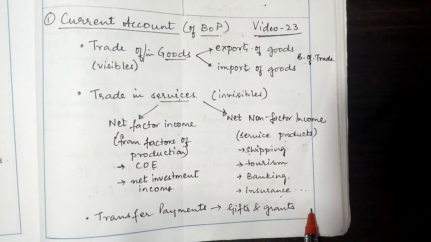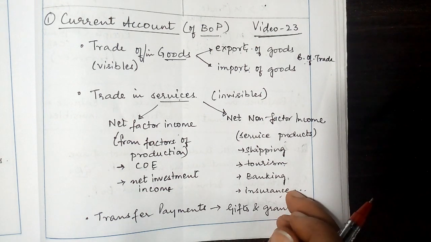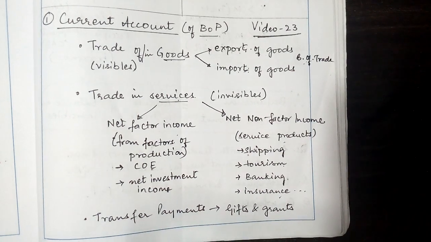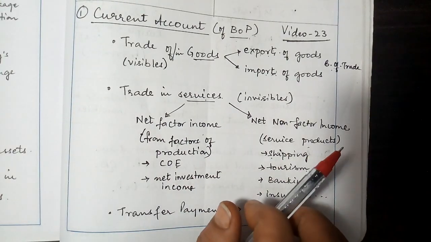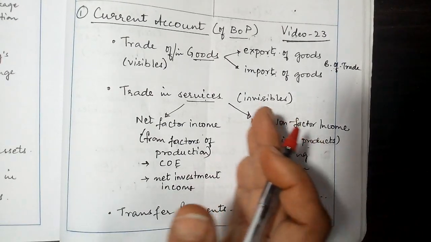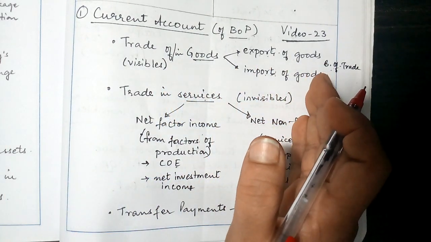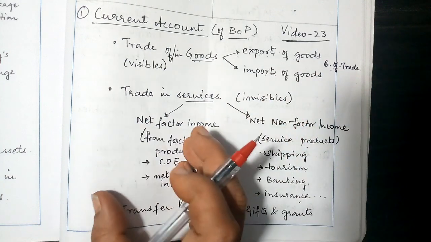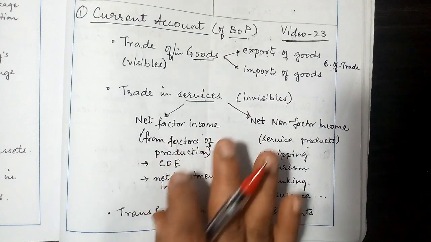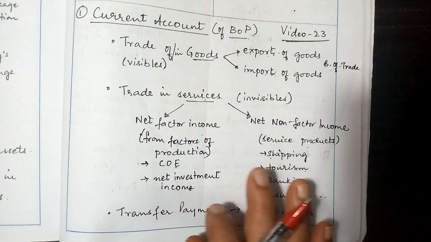These also include donations for which no service has to be made or provided. So those are the transfer payments. When receipts on a current account are equal to the payments on the current account, then it is said to be balanced or current account balance.